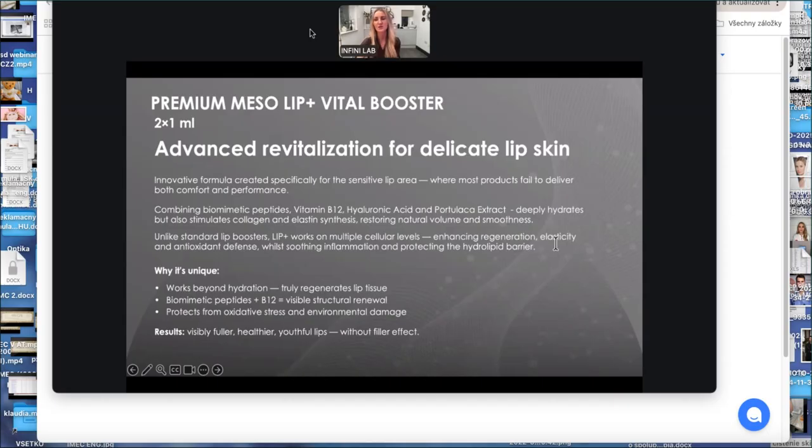So this option is great, like I said, for clients who think about lip augmentation but are not really sure yet. This treatment gives us a soft, natural improvement, and it is also excellent as a revitalization for the lips after dissolving old filler with hyaluronidase, to rebuild the tissue.